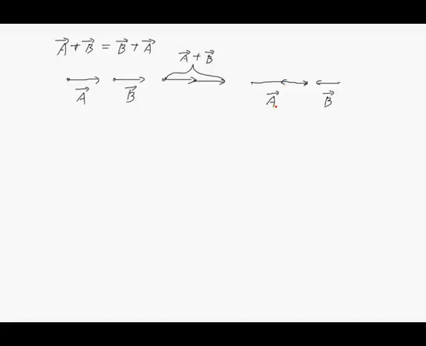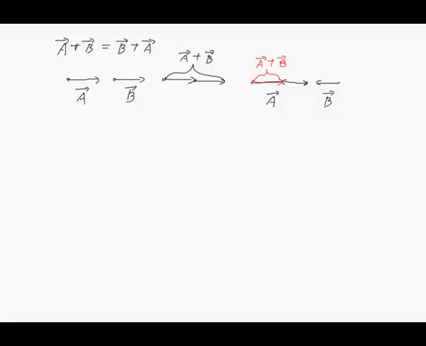So now, what is the A plus B? The A plus B is just this vector. Let me use the color. So this is the vector A plus vector B.